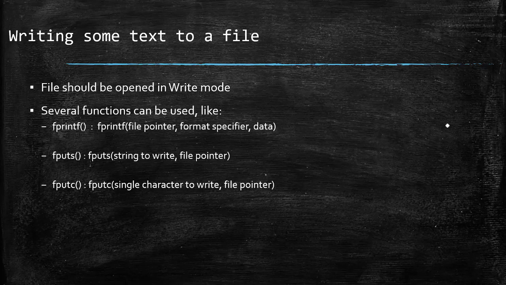For text writing, we are going to mainly use three functions: fprintf, fputs, and fputc. Here fprintf takes three parameters. The first one is the file pointer, in our case it is fp. Then, as we want to write a text, meaning a string, the format specifier will be %s, in double quotation.